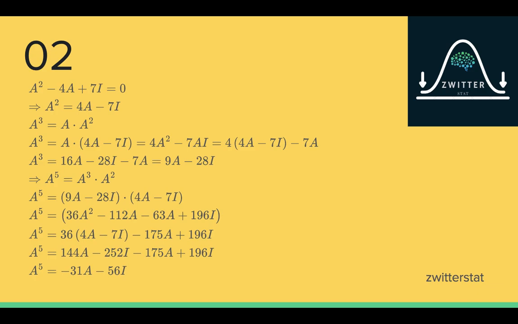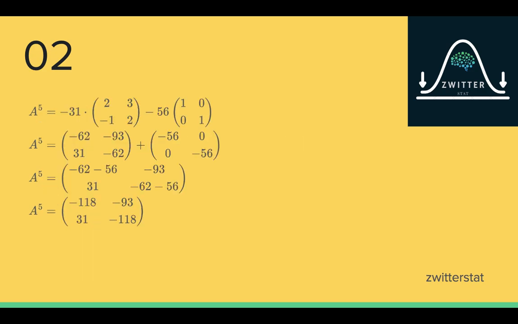And now I know that this expression holds true, so I can use this expression to write A to the power 5 as minus 31A minus 56I, and my calculation is so much easier because I have to do scalar multiplication with matrix A and identity matrix and then add them, which is much easier compared to multiplying A with itself 5 times.